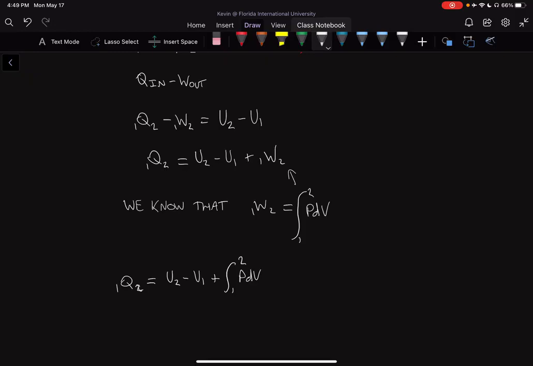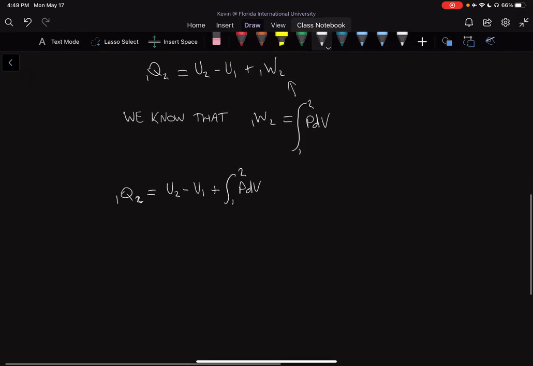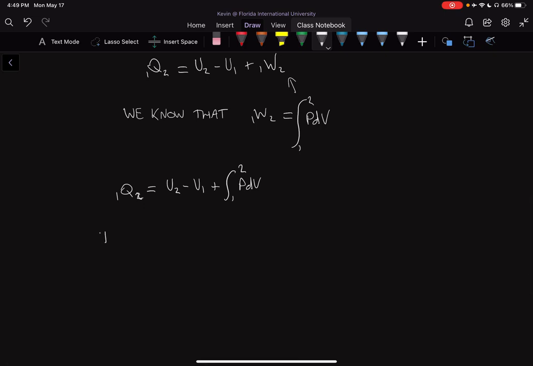And we also know that this is a constant pressure process. We're told in the prompt that this is a constant pressure process, and we know it because we have no weights or stops on our piston cylinder. Our piston cylinder is open and the piston is free to move.